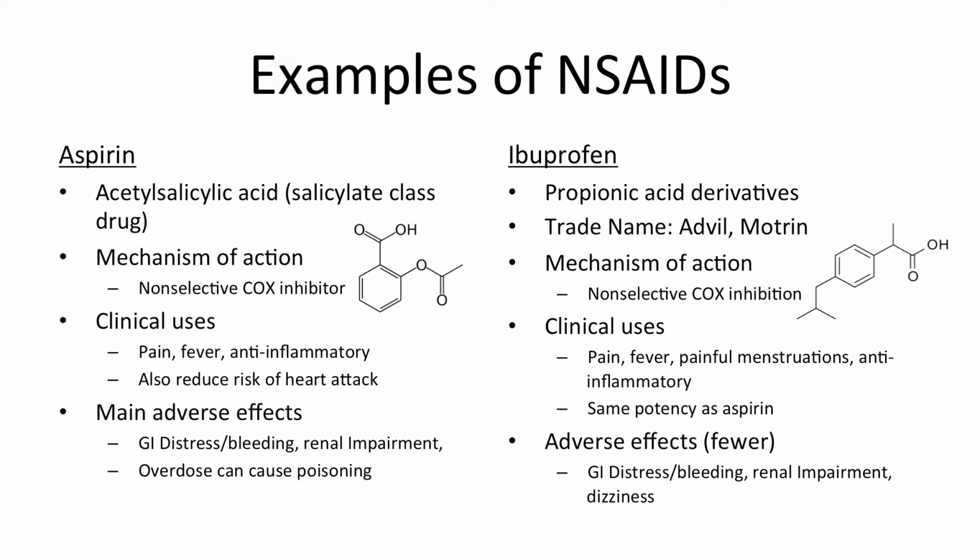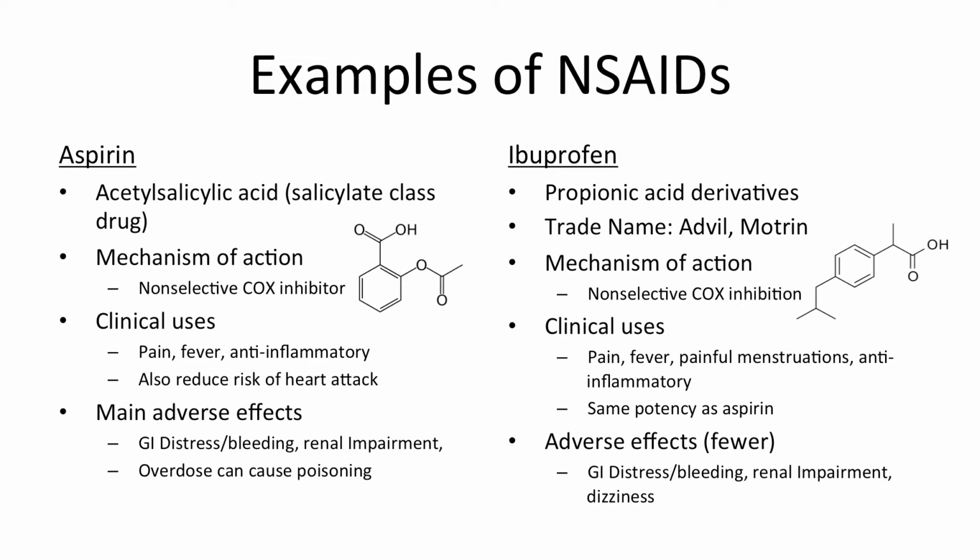Let's take a look at ibuprofen. Its trade name is Advil or Motrin, which we're all familiar with. It's a propionic acid derivative. Like aspirin, it is a non-selective COX inhibitor. Clinically, it is used to reduce pain and fever, and it also has anti-inflammatory effects.